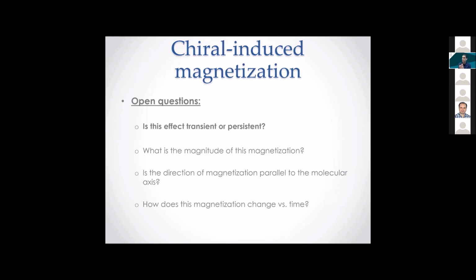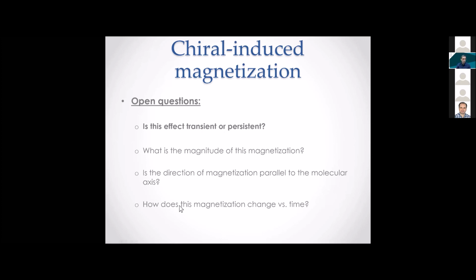So it's a transient effect occurring during this chemical adsorption of the molecules on the surface, potentially suggesting that it's related to strong exchange interactions on the surface, and then it would be persistent over a long period of time. Following these open questions, there are questions related to the magnitude and direction of the magnetization, and how this changes over time.